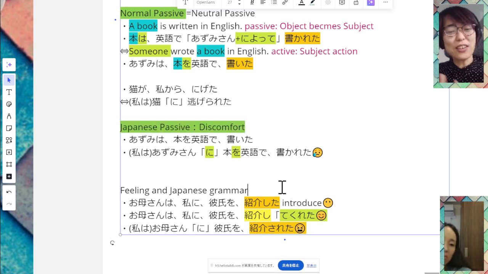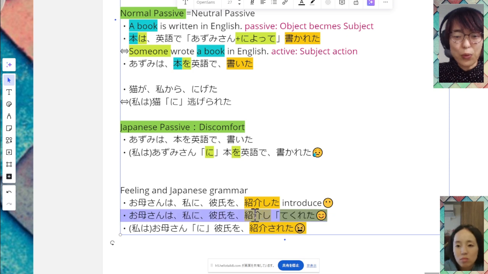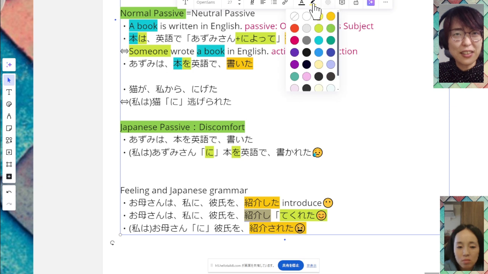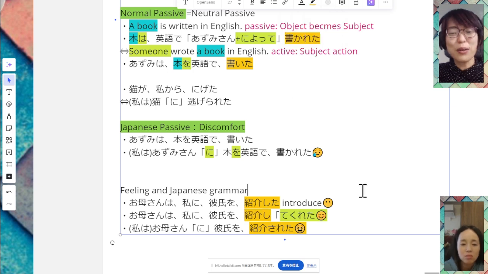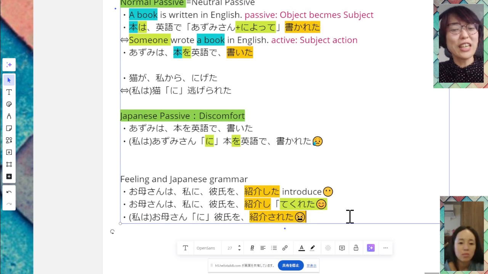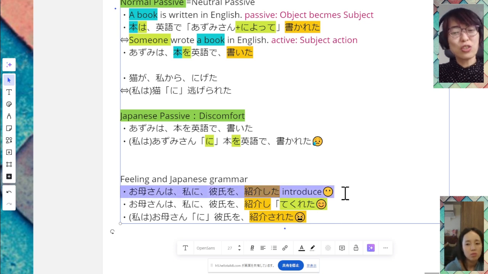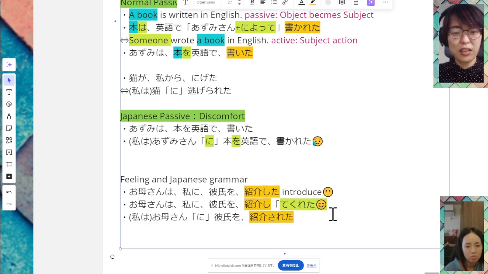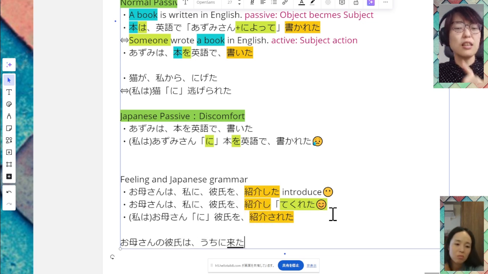Of course you have to think about which one by reading the context. You cannot fully determine it from one sentence, but generally speaking, this is how it works. So neutral is indifference, てくれる is happy, and 紹介された is discomfort.